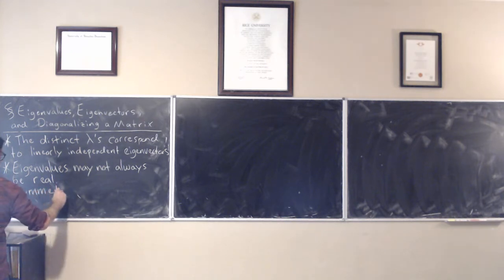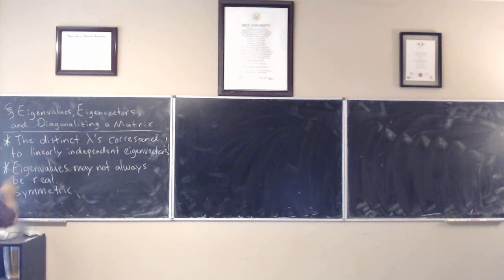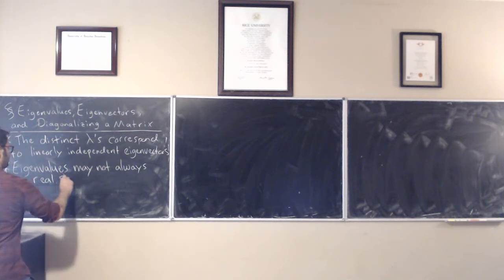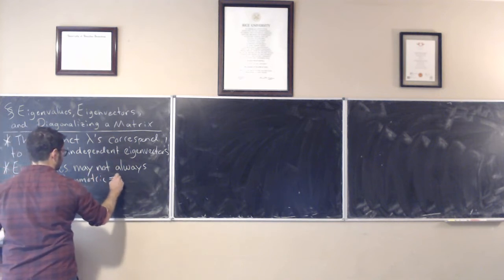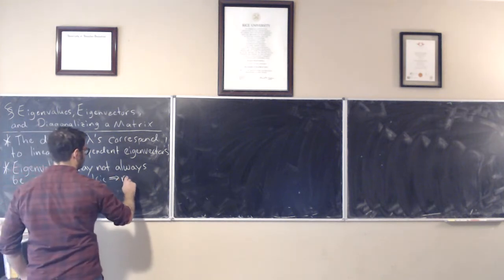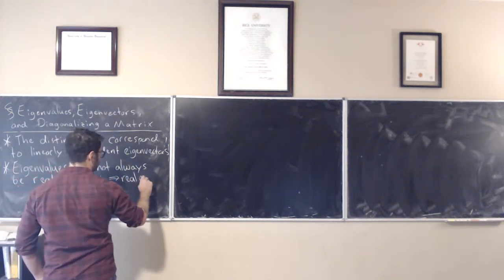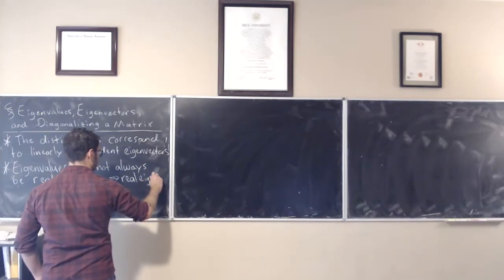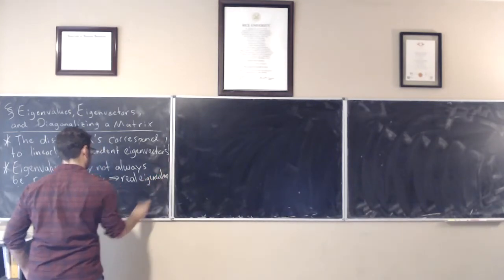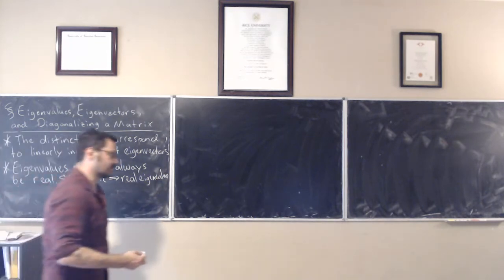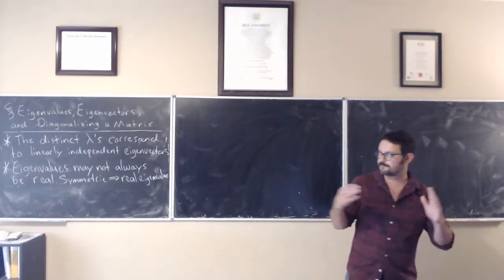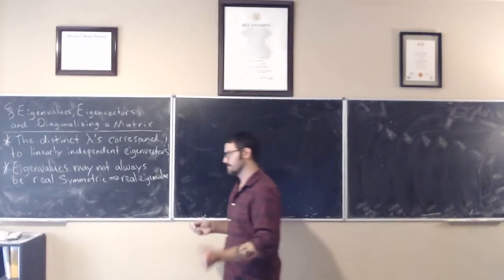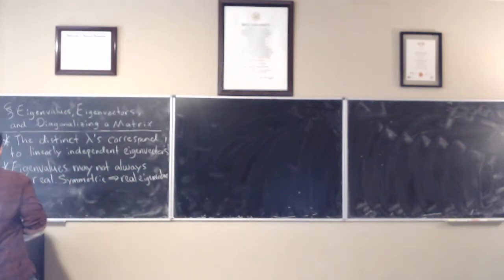It goes with this other bullet here. Symmetric matrices have real eigenvalues. So those are good ones. If the matrix is symmetric, recall symmetric means A equals A transpose. Those have real eigenvalues, so that's really good.